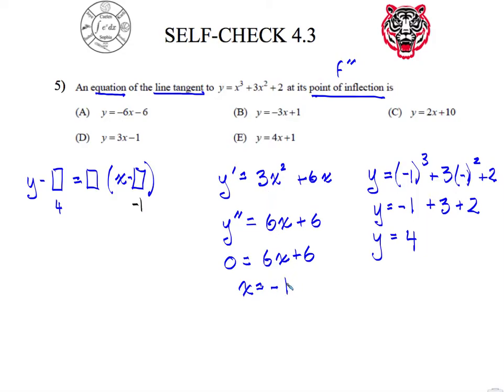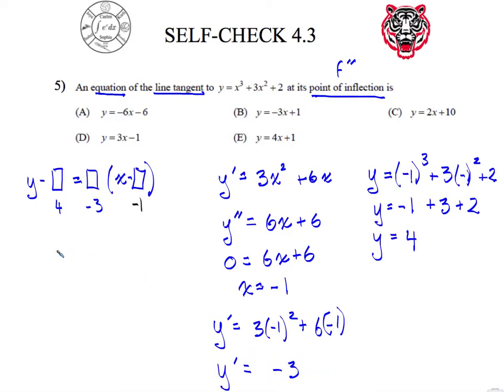So y prime equals 3 times negative 1 squared plus 6 times negative 1. That's positive 3 minus 6, which is negative 3.